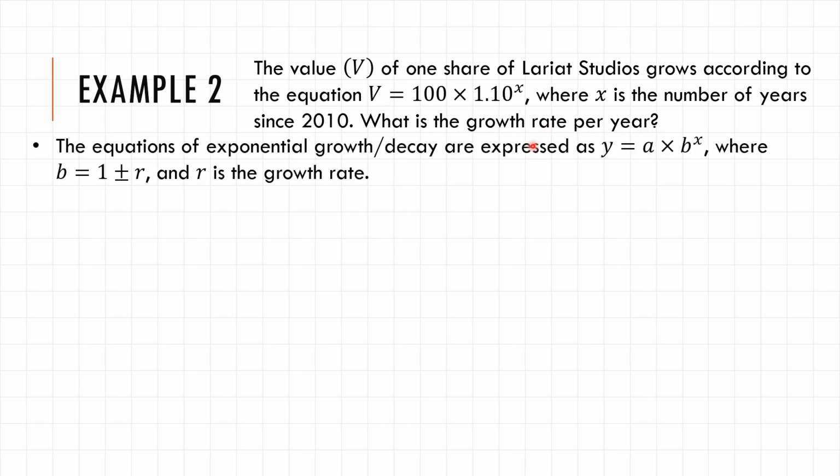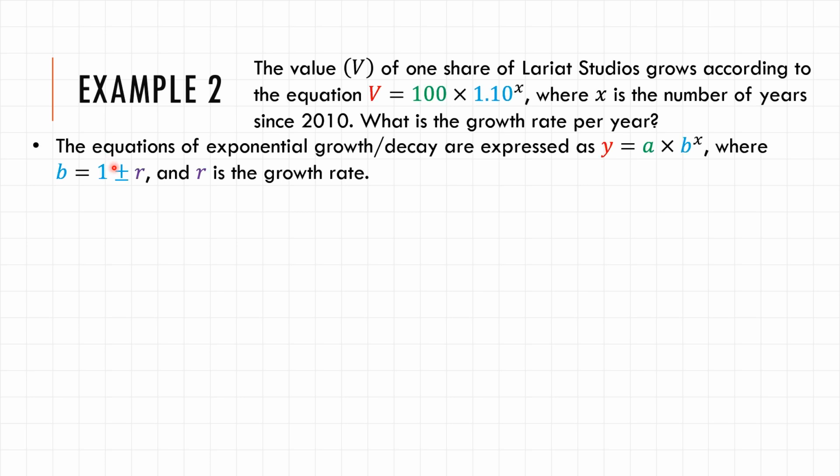And one thing we learned is that we always express exponential functions in this form, where this number here, the growth factor, B, is 1 plus or minus R. It's plus G if we're growing, and it's minus D if it's decaying. Or instead of using G or D, I've just used R for rate because this is a simpler way of saying growth or decay rate.